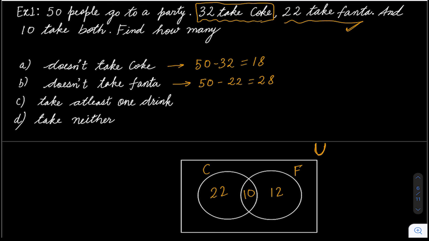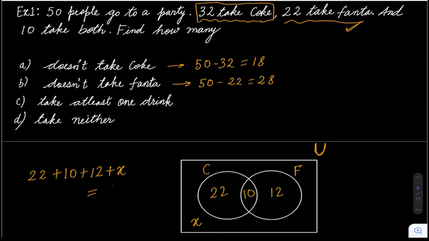Now we know total U is 50. That is the universal set because we are talking about 50 people. So it means our universal set has a total of 50 elements. Now how many have we written already? We have written 22 plus 10 plus 12. Now we don't know how many belong to this part. So let's take that as x.